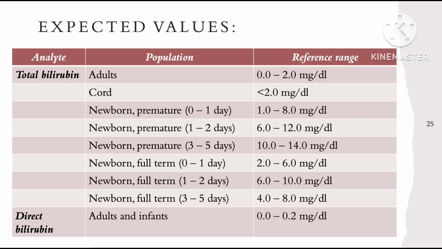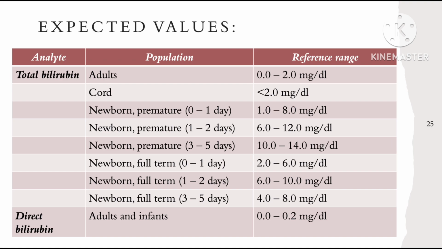After processing your samples, these are the expected values using the reagents that we have in the laboratory. If you notice, class, the expected values from our reagents compared to those from our reference textbooks, there's only a slight difference between the values.